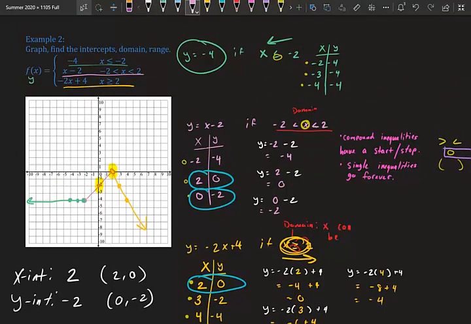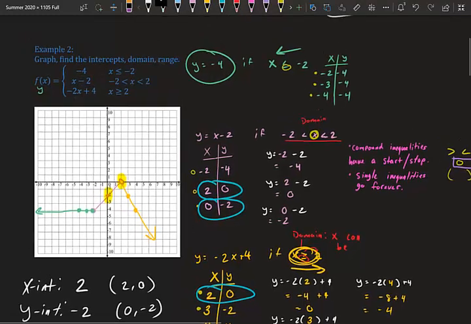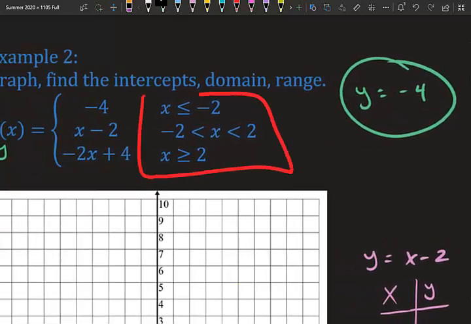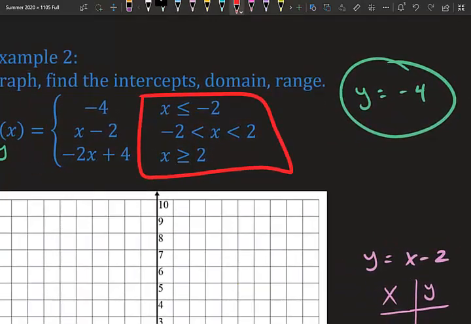All right, domain. Remember, domain is what x can and cannot be. For the domain, there's a trick. Looking at our domain, we're only looking here. You only ever look at the first one and the last one.